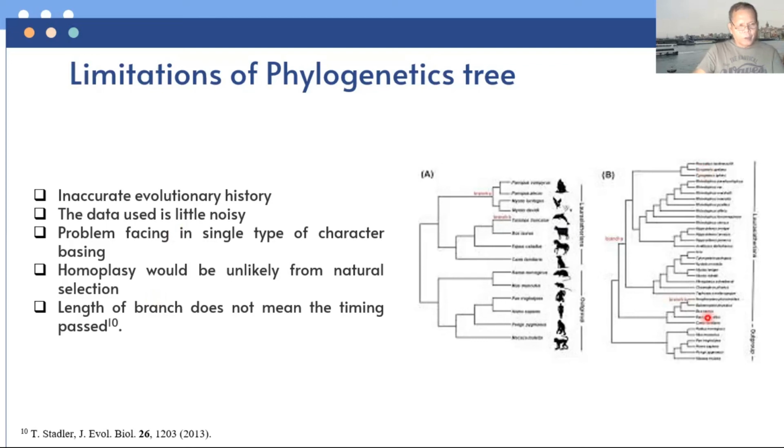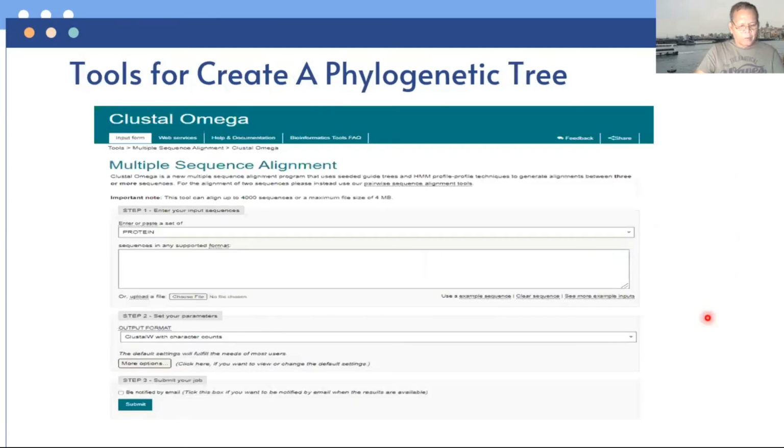Now let's move to a tool to create a phylogenetic tree. In the case of discussing a phylogeny tree, we can use the Clustal Omega database. In this case, we can select our own target. Then we use this system.